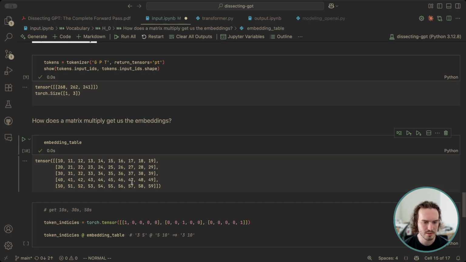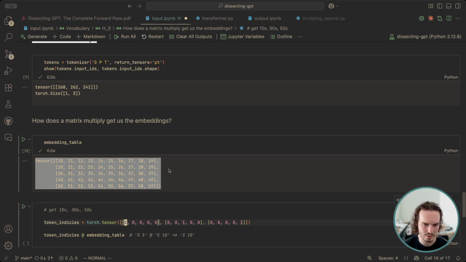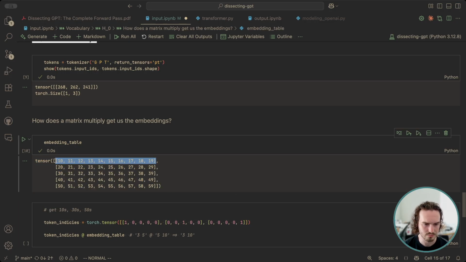You can see here, I've got this token indices where we have 3 elements where each element has 5 things in it. Looking at this, we can pivot our 5, and we're saying, the 1 on the first row means give me the first row.